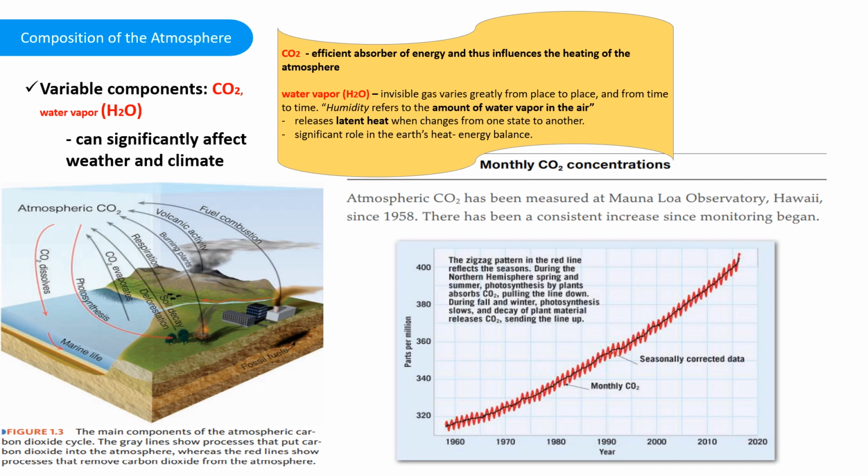And this trapping of energy close to the Earth's surface is called the greenhouse effect. This greenhouse effect keeps the average air temperature near the surface much warmer than it could be otherwise. And we will talk about this greenhouse effect in more detail in the next lecture.